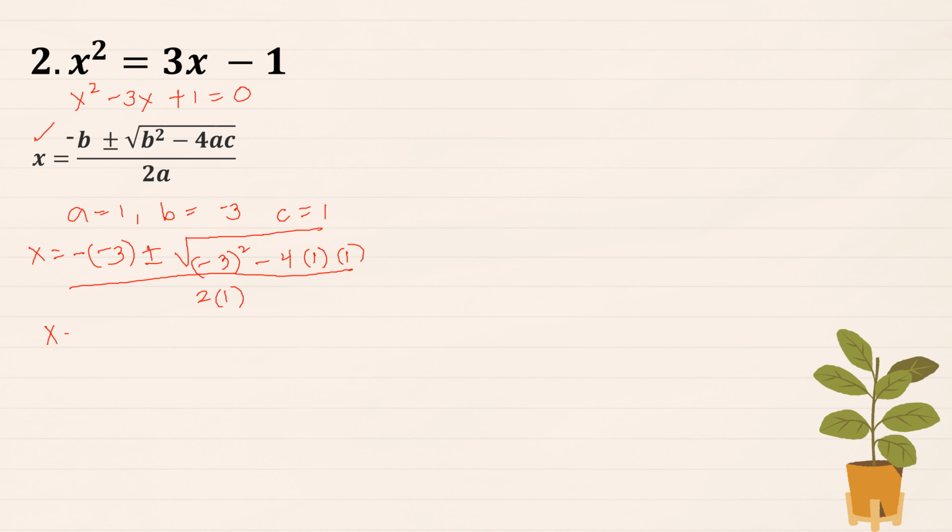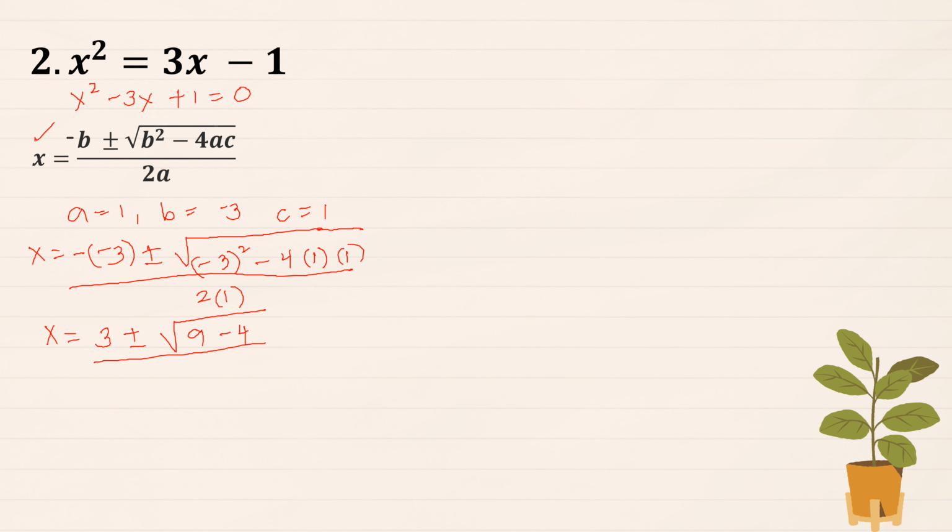Next, we multiply the negative and the negative, which becomes positive. Then plus or minus, the negative 3 squared becomes 9, and this will be minus 4, because 4 times 1 times 1 is 4.